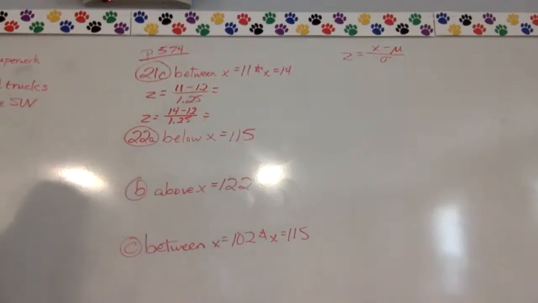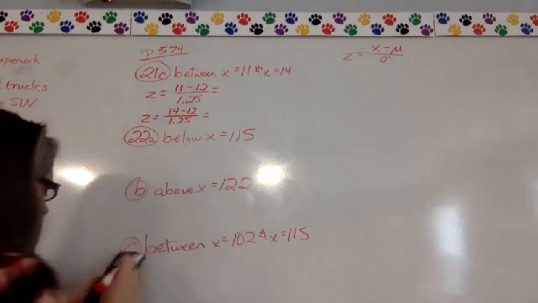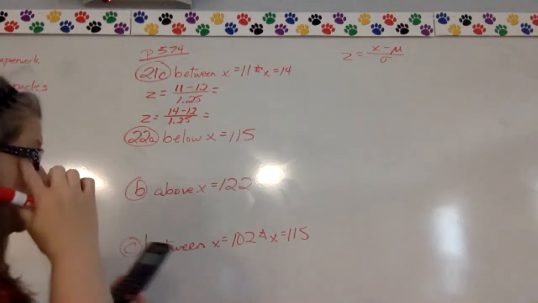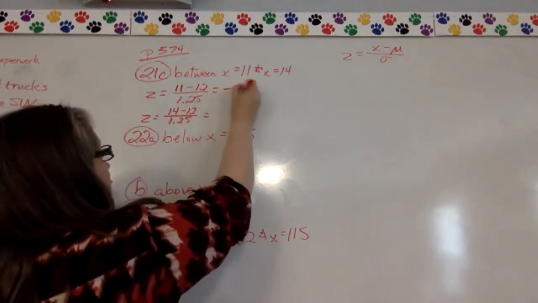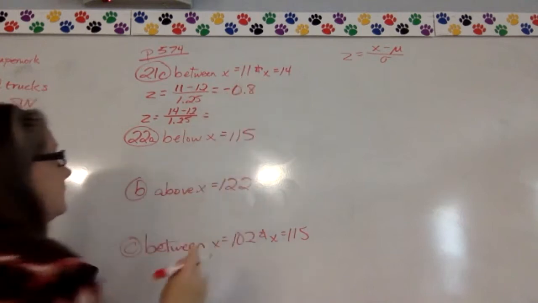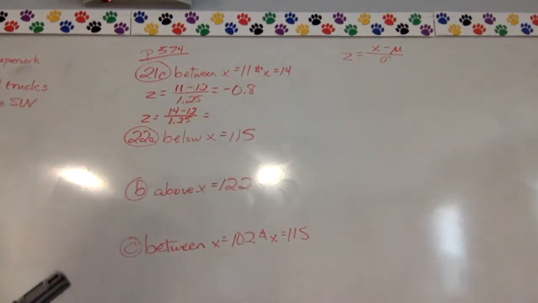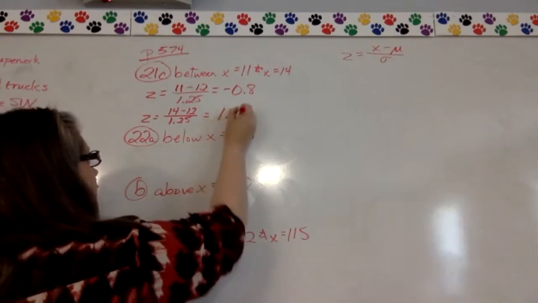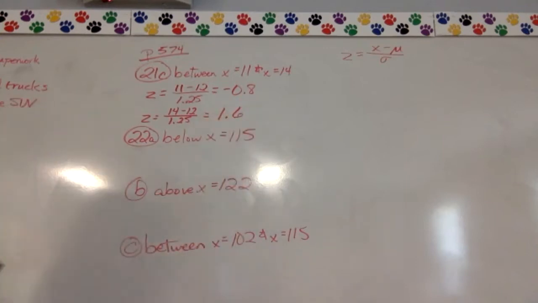So we work both of those out first. Hopefully you all know 11 minus 12 is -1, divided by 1.25 gives us -0.8. And 14 minus 12 is 2, divided by 1.25 gives us 1.6.